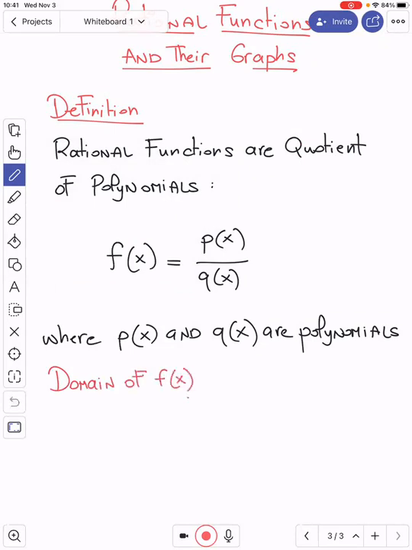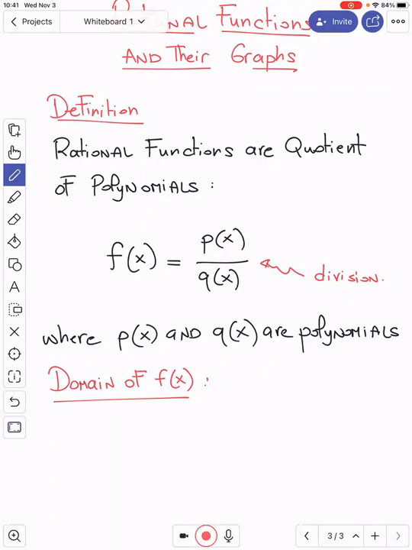the domain of f, well, because this is division, it's p of x over q of x, so we are dividing by q. So for the domain of f, we need to exclude all solutions of q of x equal to 0.